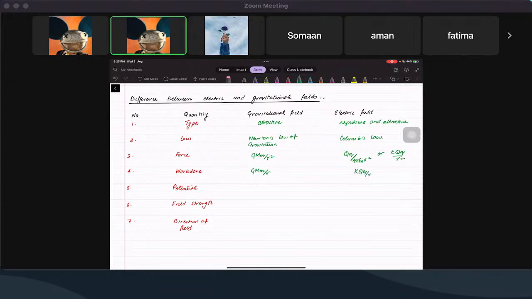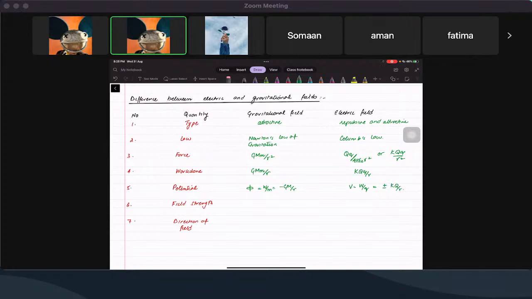Potential. The symbol of potential in gravitation is this, which is work done per unit mass, or minus Gm over r. In this one it could be voltage, which is work done per unit charge, and it is equivalent to plus minus kq over r. Why did I write plus minus?